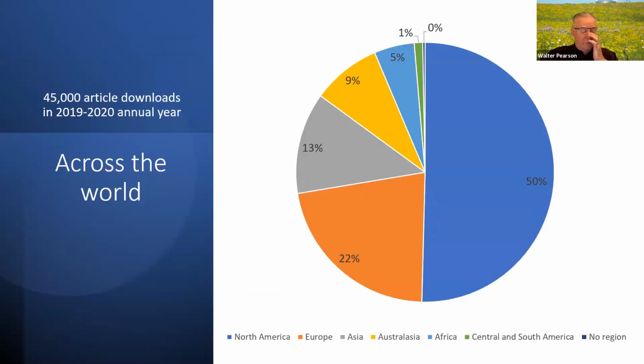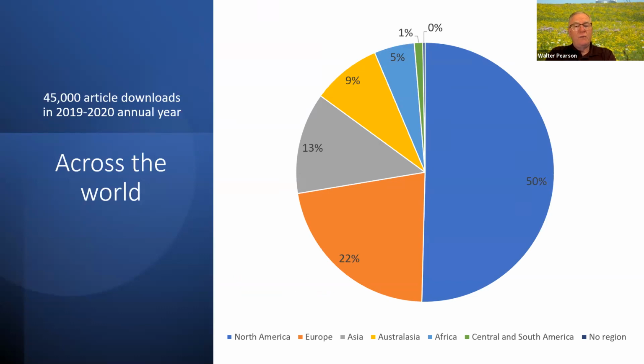That translates into about 45,000 article downloads during our most recent annual year from across the world. And you can see where those articles come from. About half are from the US and Canada. About 22% come from Europe, about 13% from Asia, 9% from what they call Australasia, which is really Indonesia, Australia, New Zealand, and so forth, and about 5% from Africa.